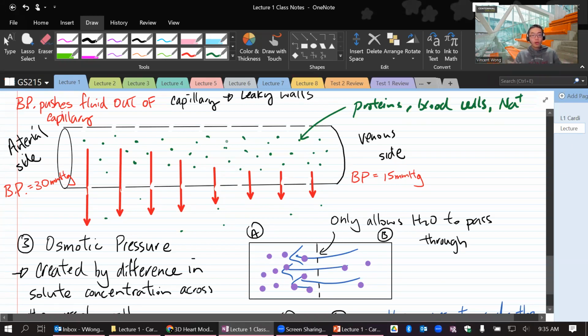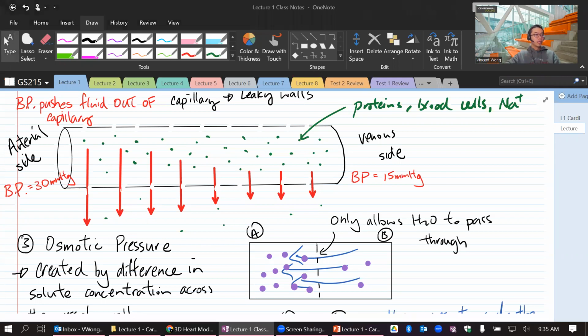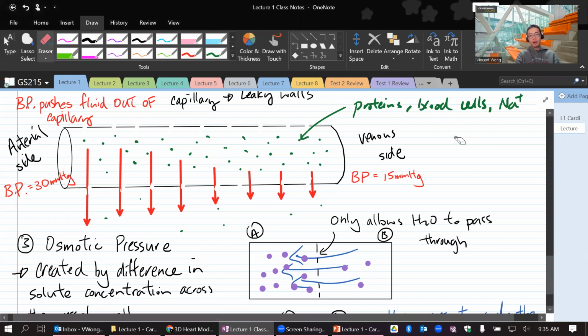And so based on this, are we going to be drawing fluid into the capillary, or are we going to be pushing fluid out of the capillary? Let's do another poll here just to see if you're with me. Because of this difference here, are we going to be A, drawing fluid into the capillary, or B, out of the capillary? Which way is it going to go? In or out?